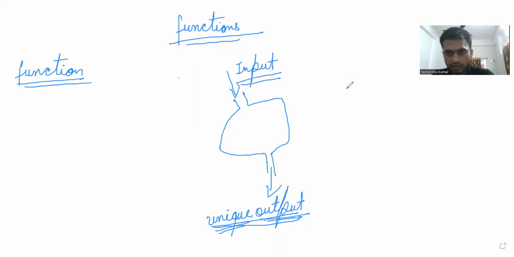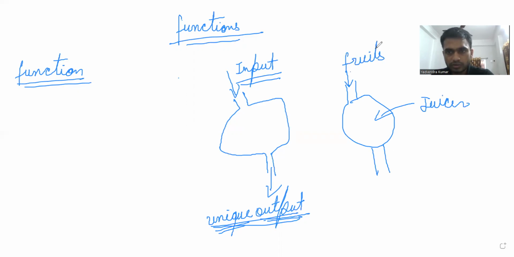So let us draw a rough sketch of that. This is the juicer, here we put input as fruits, and here we get output as juice.